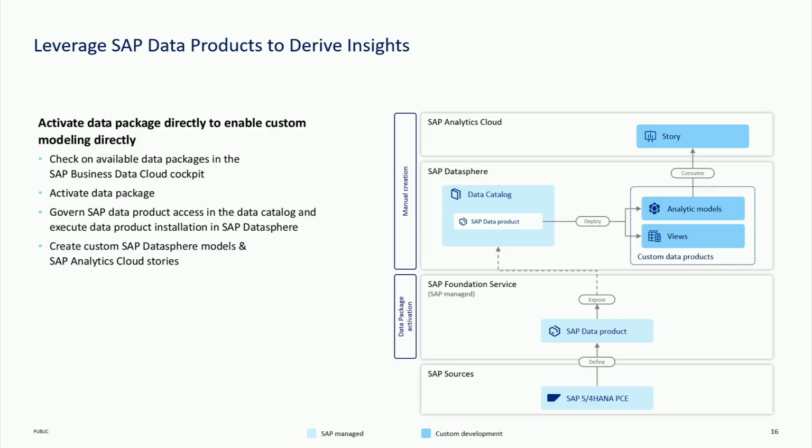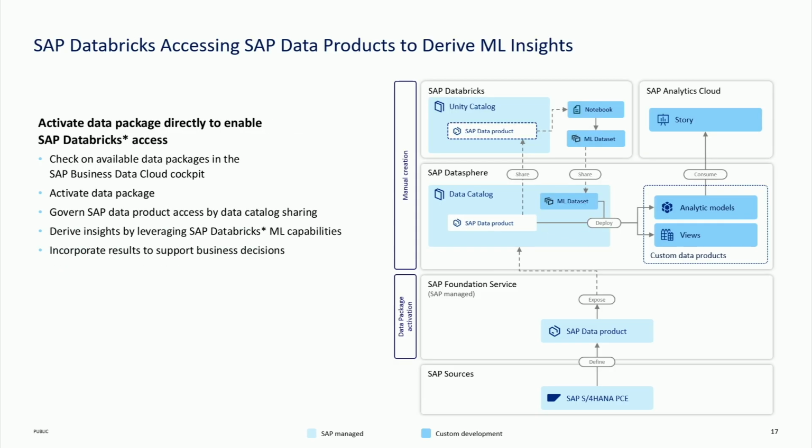Our customers wanted to enhance SAP data and those things that are delivered out of the box also with means of pro-code data engineering and ML tools. And for that one, they extracted data out with all the challenges described before. And that's not necessary any longer because we are now integrating Databricks.